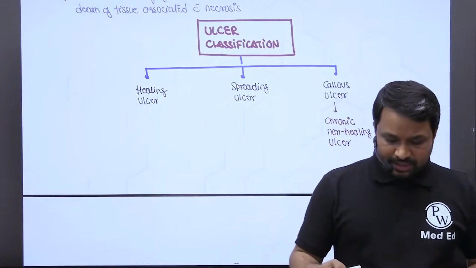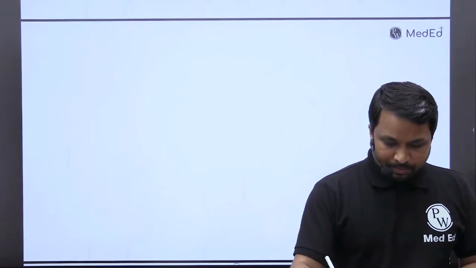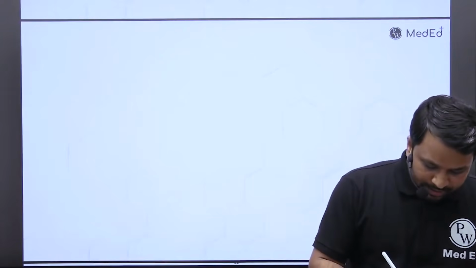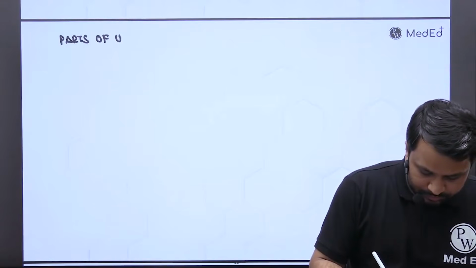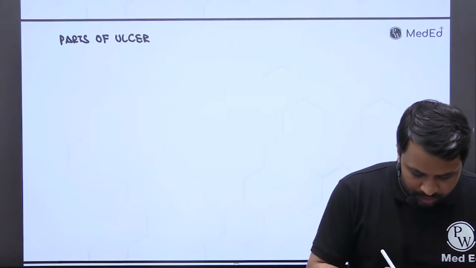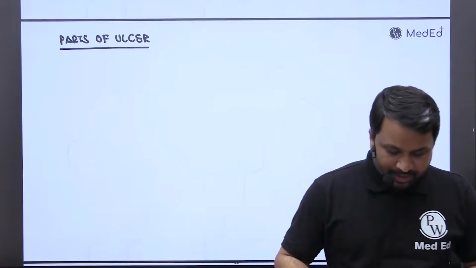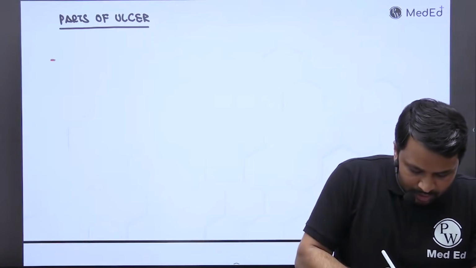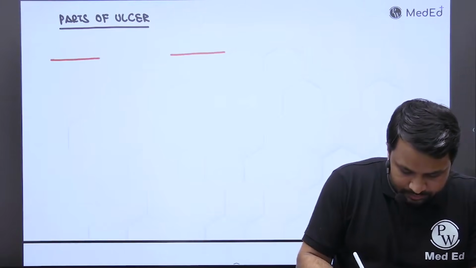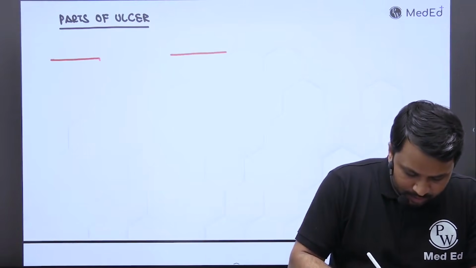The minute you say these, they would expect the parts of the ulcer. So the next point that you will immediately write is going to be the parts of ulcer. This is where you have to come up with a diagram. So in the parts of the ulcer, this is the normal skin surface. This is going to be the ulcer.